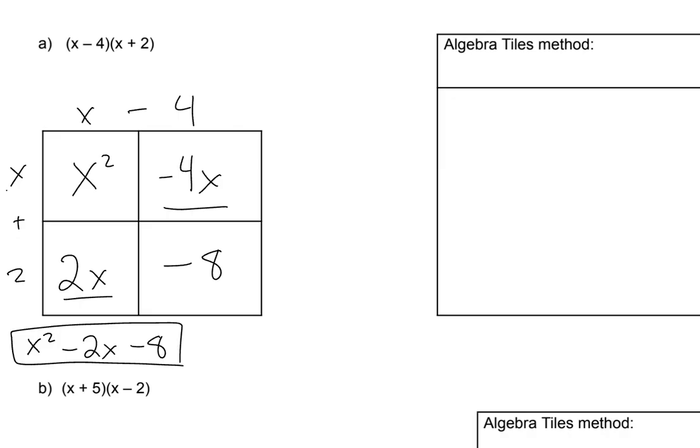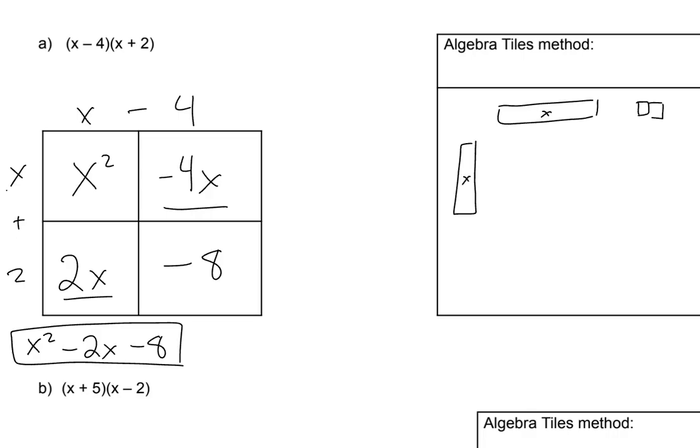If you really like the algebra tiles, this is how I would set it up. So first things first, across the top, you can pick either one, it doesn't matter, but you would write your x, your x plus 2. And on this side, I would have my x block.